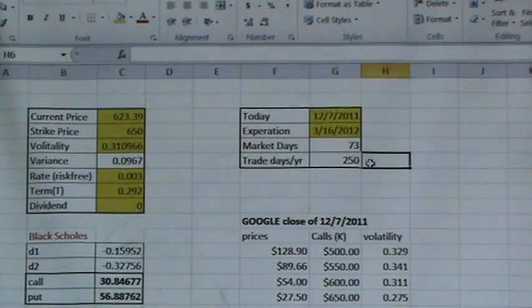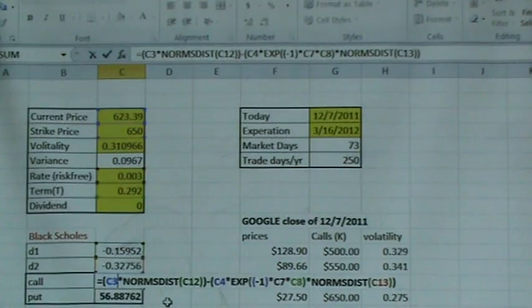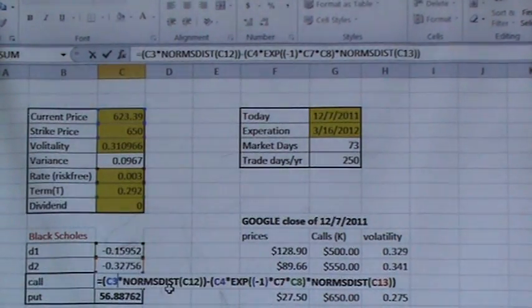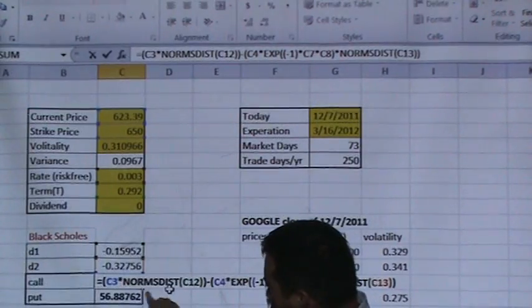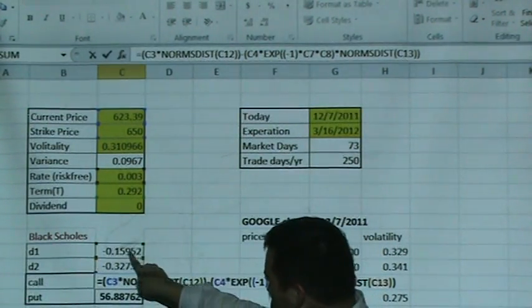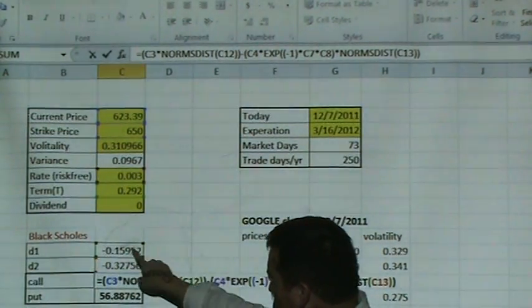I think the formulas were something about a normal distribution. So we take the current price times, there's an Excel function, NORM.S.DIST, and that does the Z. You give it the Z-score, the number that you want a unit normal computed on, which would be, in this case, D1.